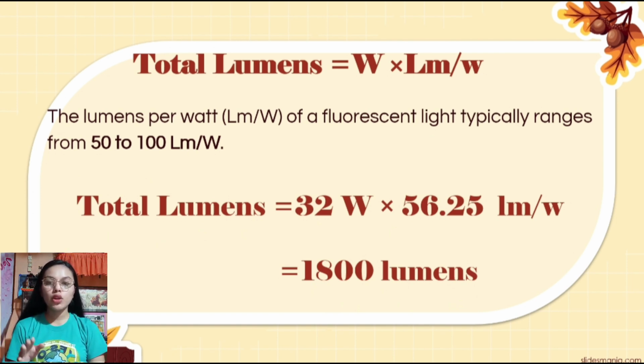So, 56.25 LM per W times the 32 watts, macancel man ang watts. So, ang mapabilin na lamang kay 1,800 lumens sa isa ka fluorescent lamp. Since sa atong given is usa ra man pud ka fluorescent lamp, so no need to multiply it by other numbers. So, mapabilin diyang 1,800 lumens ra.